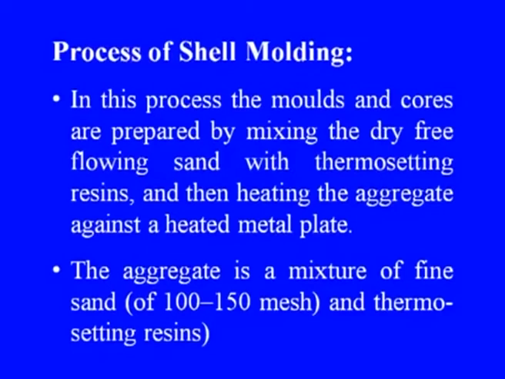The aggregate is a mixture of fine sand of 100 to 150 mesh size and thermosetting resins. Due to the heat, the resin cures, which causes the sand grains to get bonded with each other and it forms a hard cell around a metallic pattern.